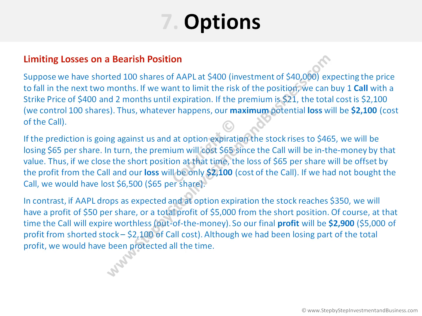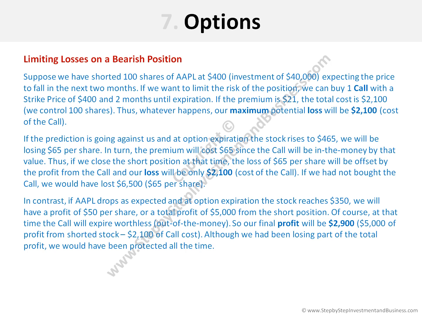If we want to limit the risk of the position, we can buy one call with a strike price of $400 and 2 months until expiration. If the premium is $21, the total cost is $2,100. We control 100 shares. Thus, whatever happens, our maximum potential loss will be $2,100, which is the cost of the call.